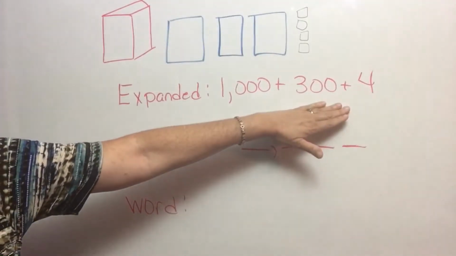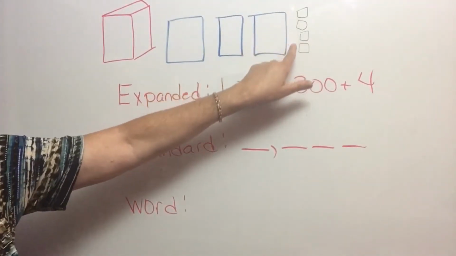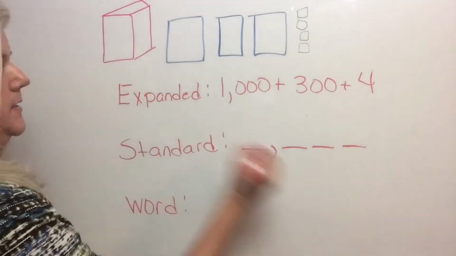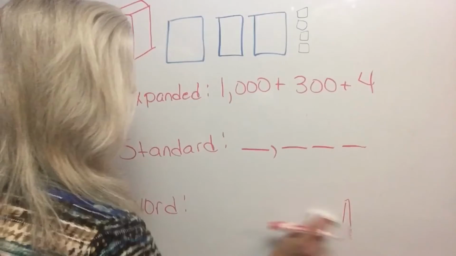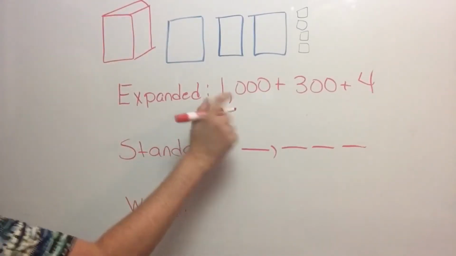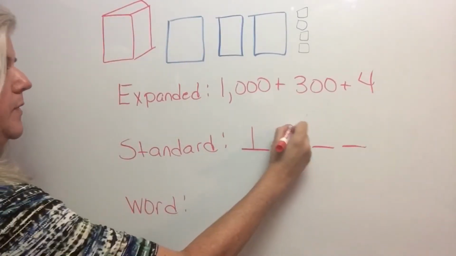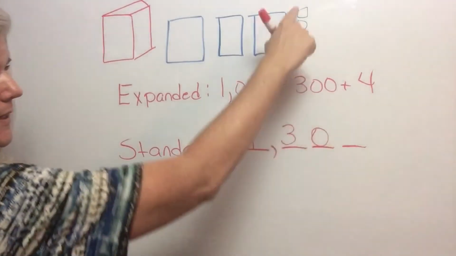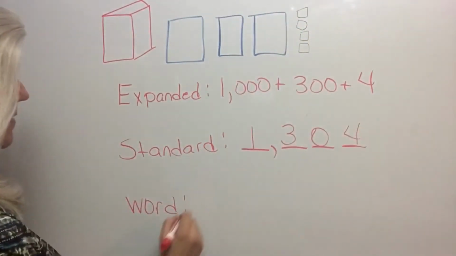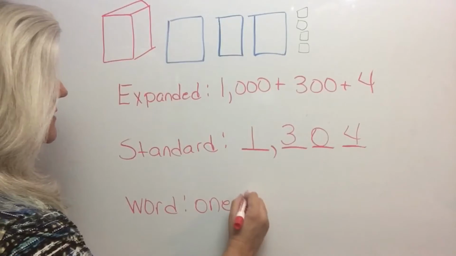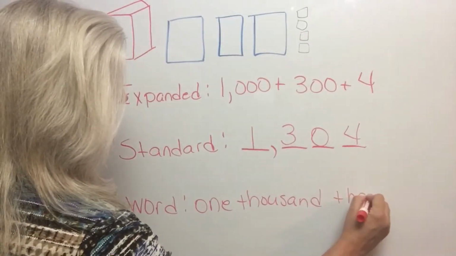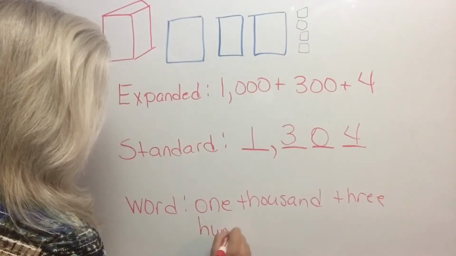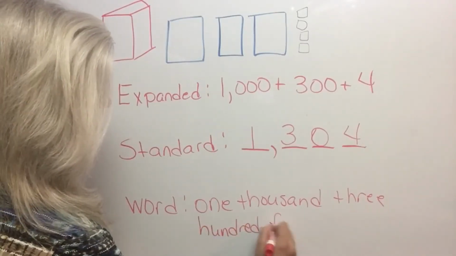So be very careful. If something is left out, you'll see there are no 10 sticks. Remember the 10 sticks looked like that. There are no 10 sticks. So we're going to write 1,300, no tens, 4. 1,304.